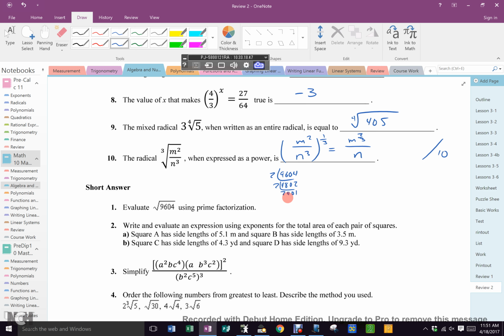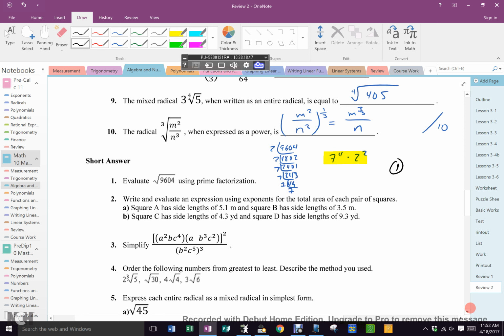It divides by 7? Oh, phew. To get 343, which divides by 7 to get 49. So there it is. It is 7 to the 4th times 2 squared. Right? Let's just check. 7 to the 4th times 2 squared. Yes. So that is what you needed. For 1, because you only had to know how to do one thing to do that. It's just a big number.